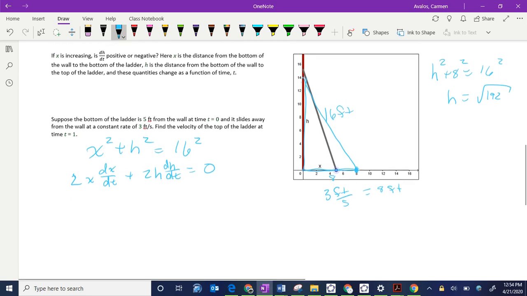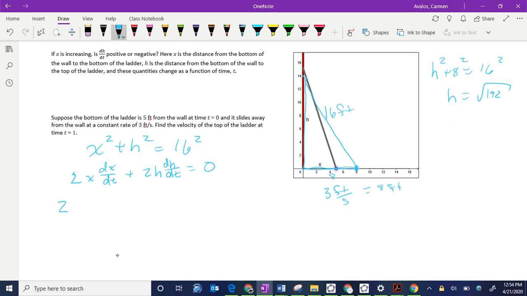And then we start filling in the information that we have. So we have 2, and then we have that x is going to be 8. The rate at which it's going is positive 3 feet per second. And then we have 2, and we know h is the square root of 192. And we want to know how fast this one is going to fall.